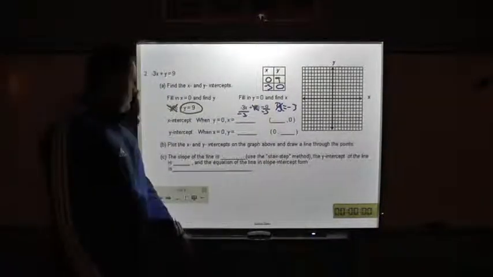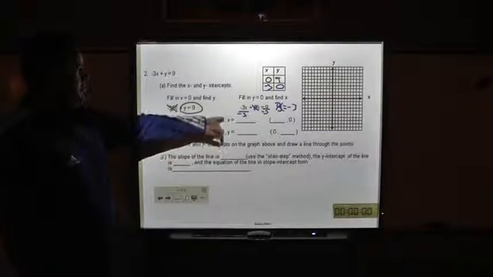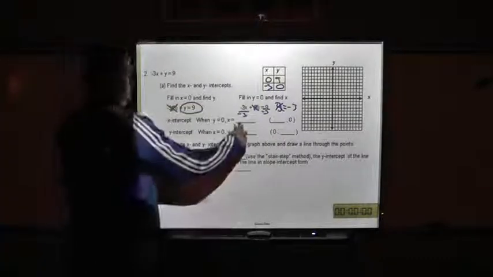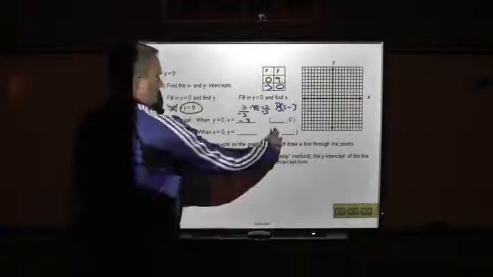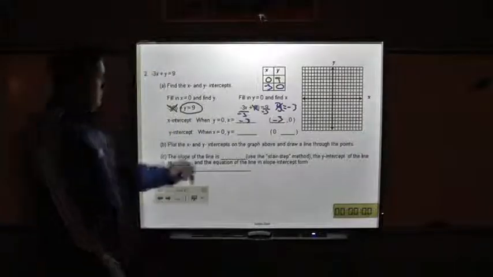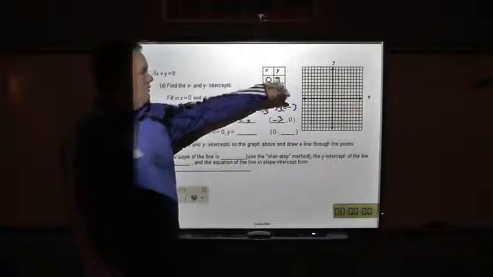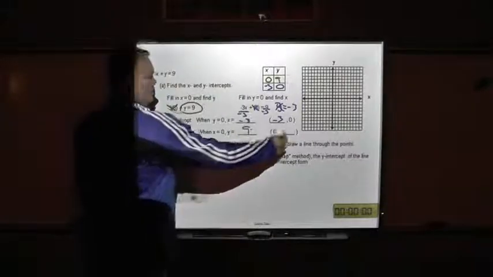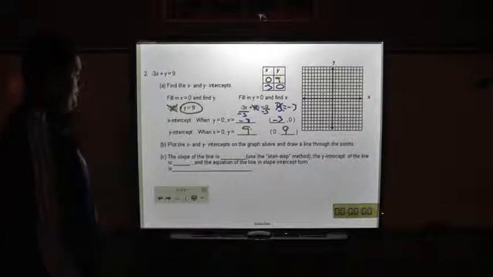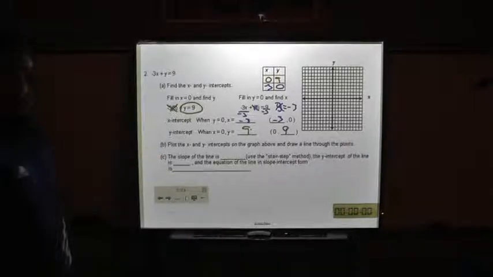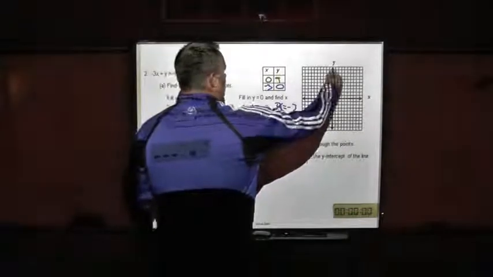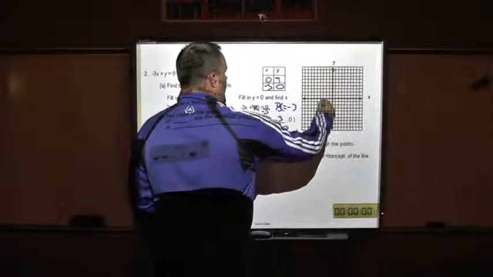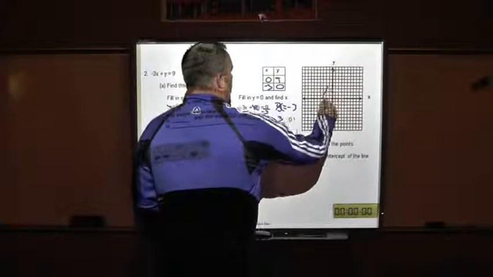So, as we look at this, x-intercept, when y is 0, x is negative 3. So that's the x-intercept of negative 3. Y-intercept, when x is 0, y is 9. Which is (0, 9). Plot the points. So, (0, 9), (-3, 0). Draw a line through it.